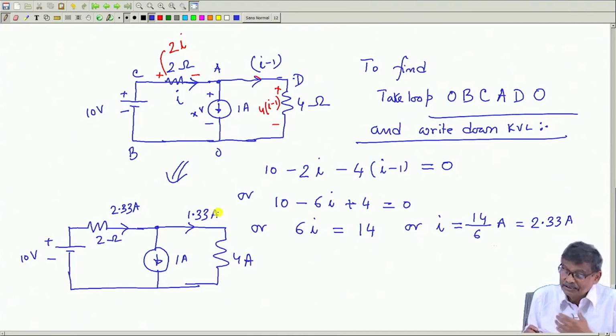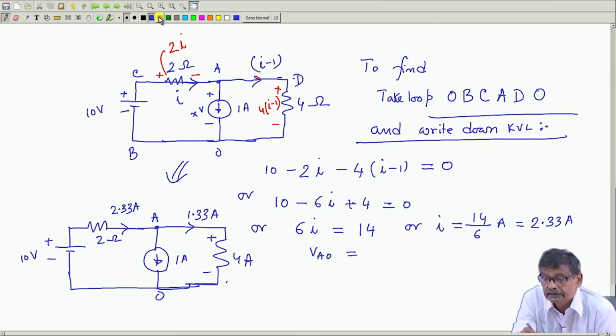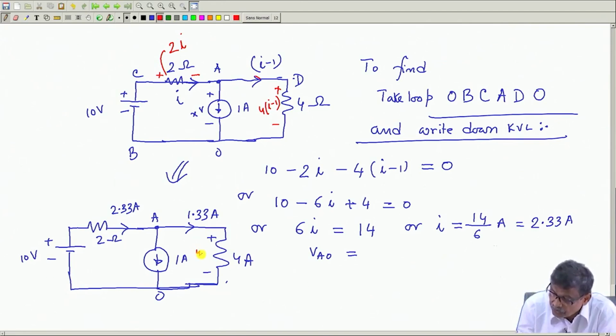Now, you see, as I was telling, VAO, how much will it be? I can now calculate. What will be the voltage across the current source? Start from O, try to reach A. Via this path if you go, you cannot fish out anything, because that voltage is the unknown thing. So, if you go via this path, this voltage will be 4 into 1.33.